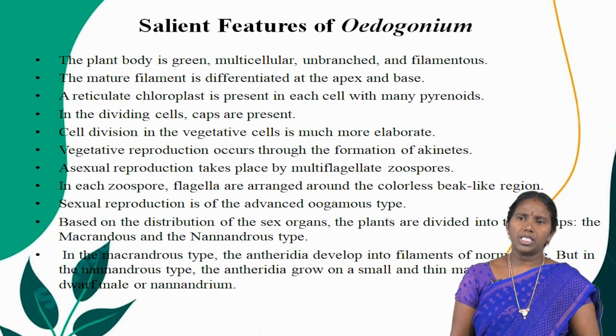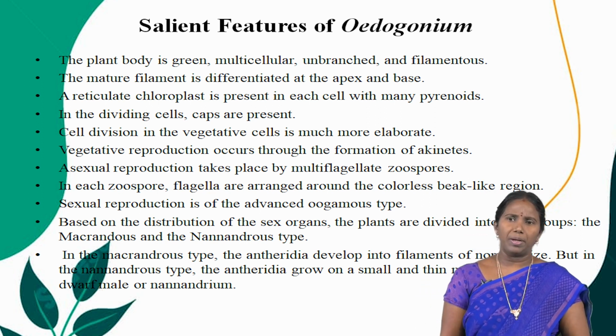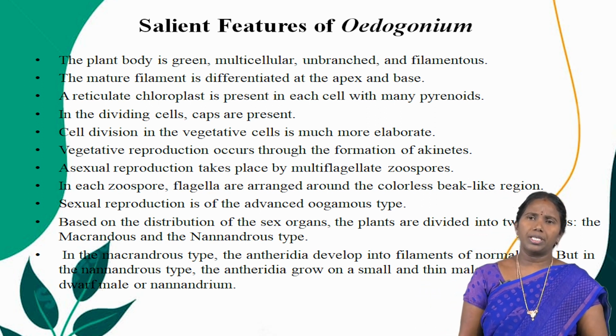Based on the distribution of the sex organs, the plants are divided into two groups, the macrandrous and the nannandrous forms. In the macrandrous types, the antheridia develop in filaments of normal size, but in the nannandrous type, the antheridia grow on a small and thin male filament, the dwarf male or androsporangium.